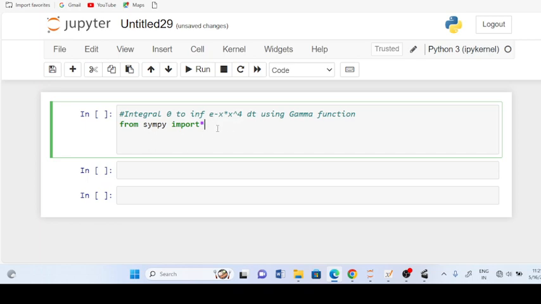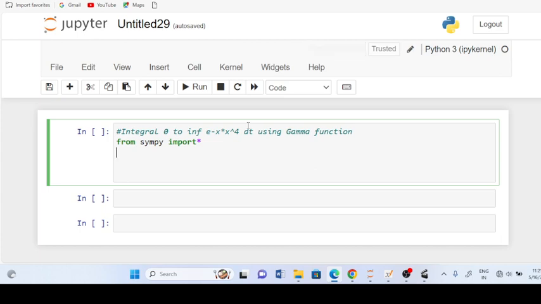See, integral 0 to infinity e power minus x into x power 4. Using the Python program, we call the function gamma. So here we are doing the integration.